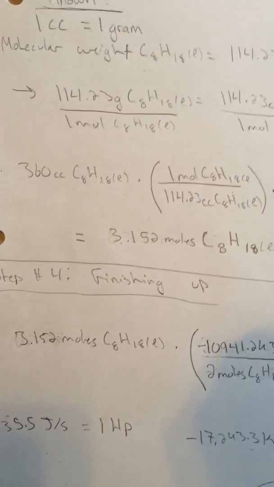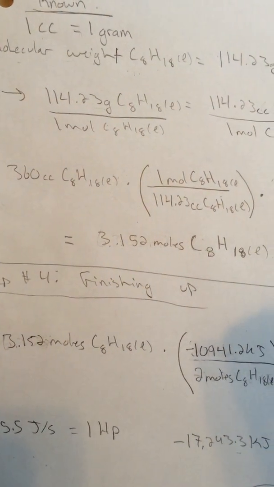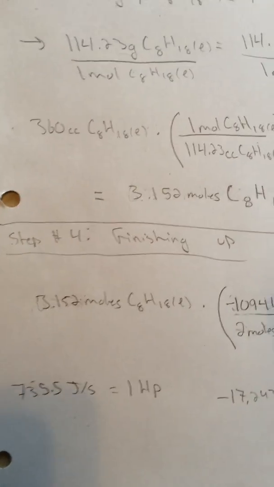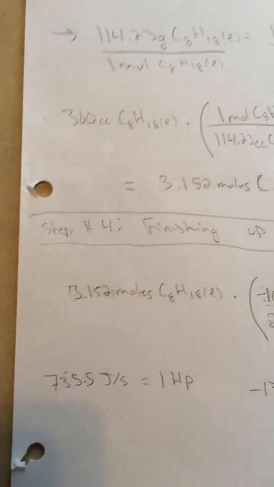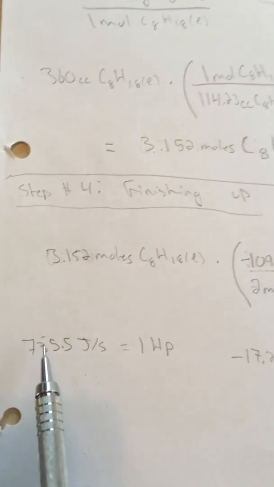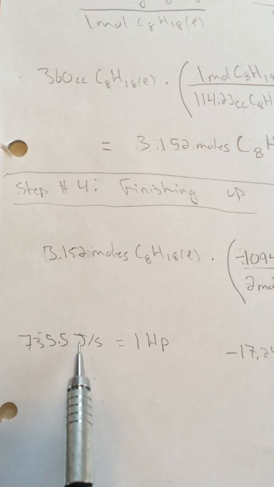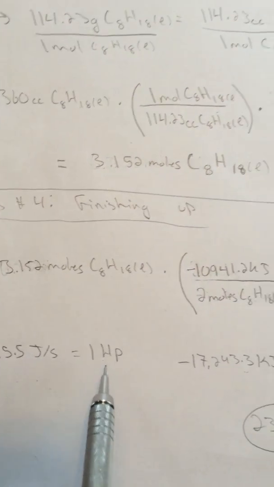Also in the request, Luke wanted to know if it could be done in horsepower, and we can convert that to horsepower using this right here. We have 735.5 joules per second equals 1 horsepower.